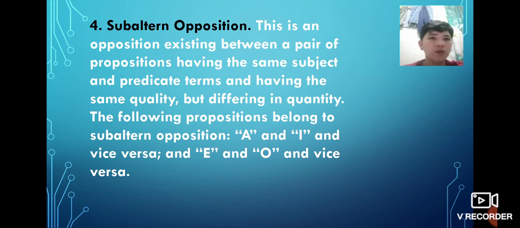So they are going to conduct the same quality. So we know that we have the affirmative and the negative. So the affirmative here is the opposition A, and we have also the opposition I, and the negative quality is we have also the opposition E and opposition O, but differing in quantity.